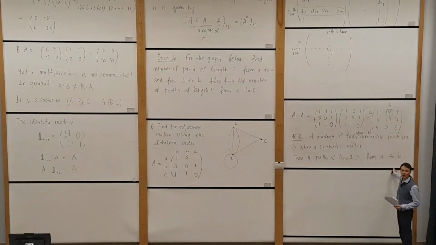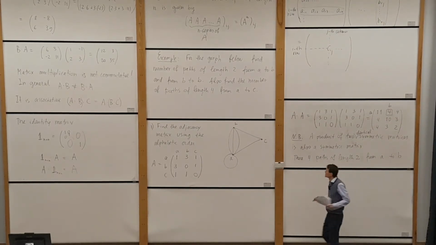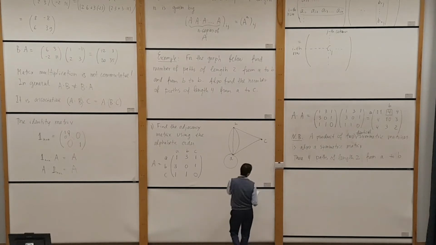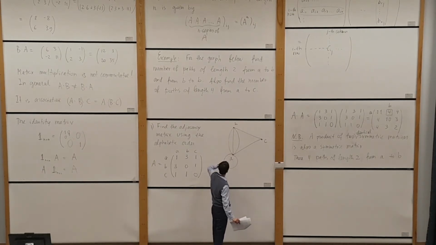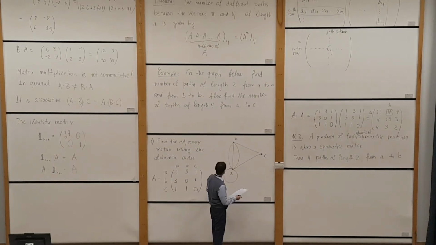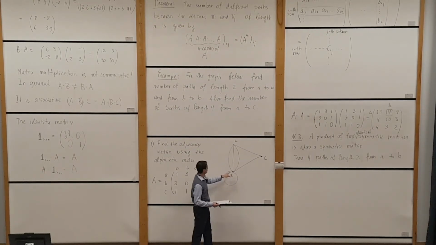Here, this is a very small graph. I'm just doing it as an example. We can actually check ourselves. It's not so hard to find all paths of length 2 from A to B. For example, you have to use 2 edges.